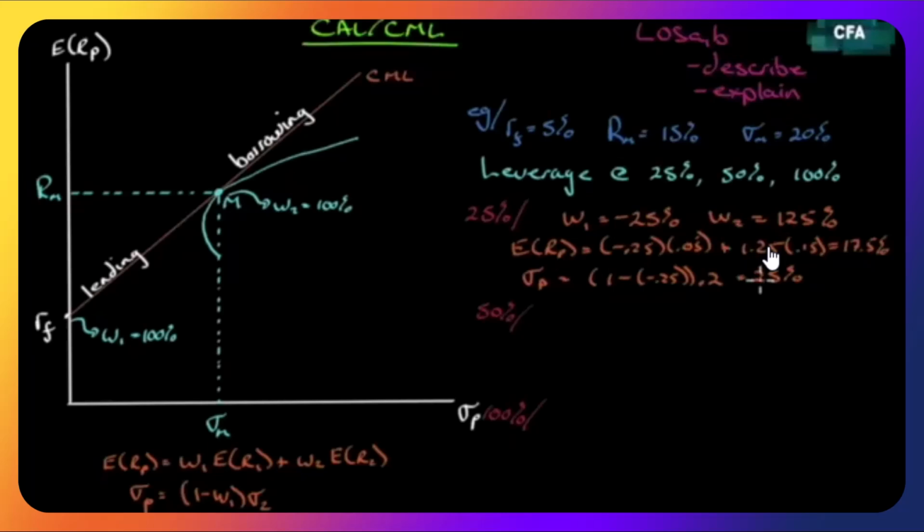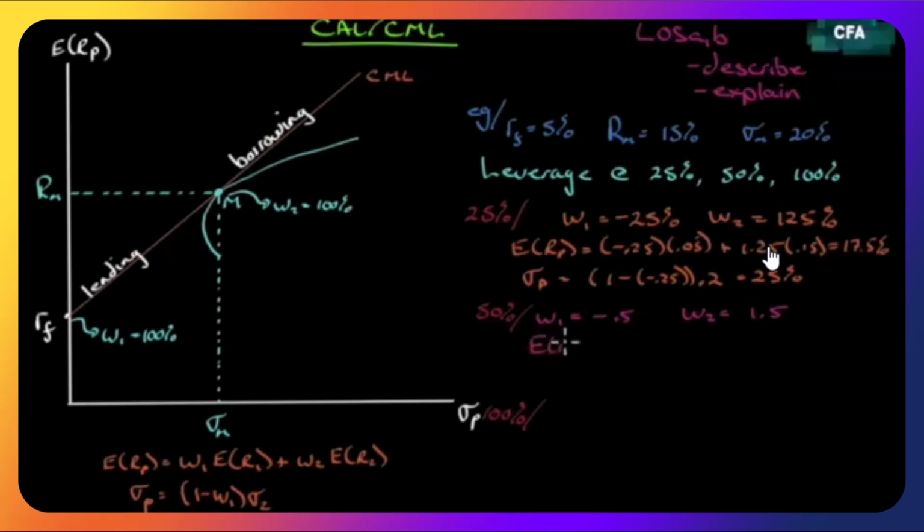What about 50%? Can we calculate one for 50%? Well, we can. Our W1 in this case is going to be negative 0.5. Our W2 in this case will be 1.5, as long as they add to 1.